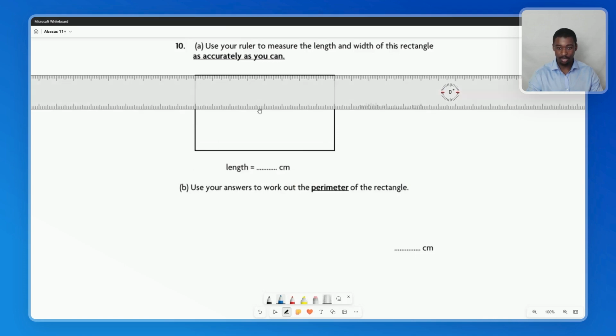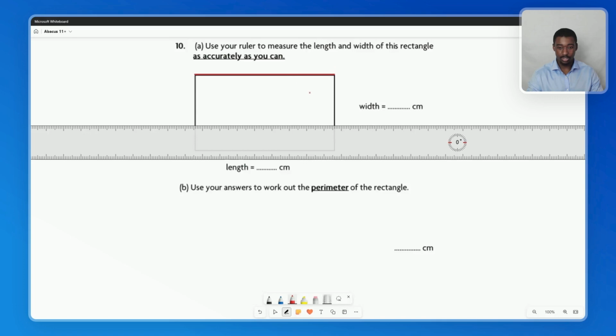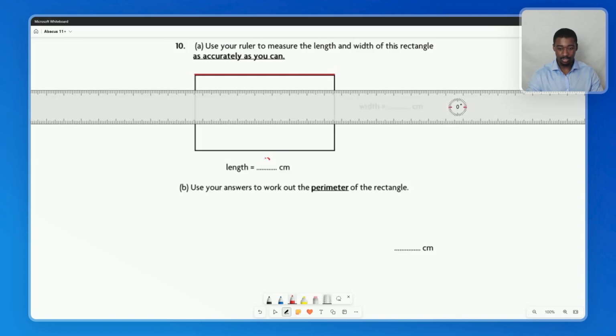So let's line it up and let's see what it gives us. Let's say this is 1 centimeter, and then 2, 3, 4, 5, 6, 7, 8 centimeters. Let's call this length 8.